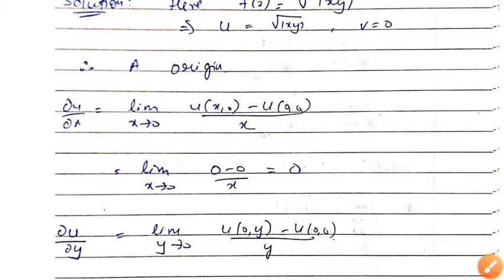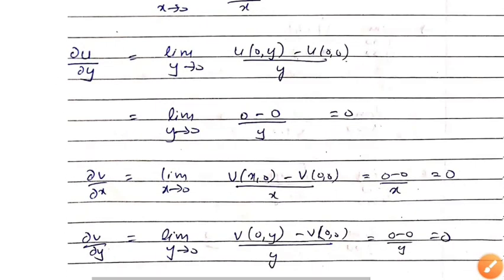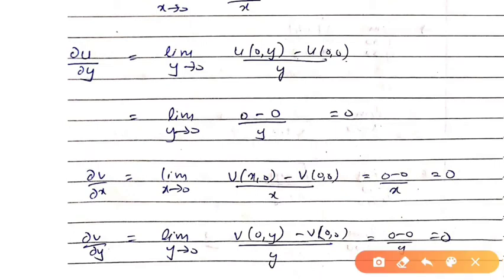In the same way, limit y tends to 0, so formula is u of 0,y minus u of 0,0 upon y. Again, if you put x equal to 0, your whole term will become 0. If you put x and y both 0, again your term will be 0. Therefore, del u upon del y will be equal to 0.